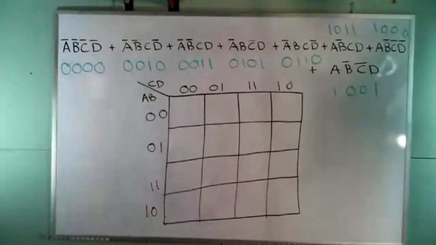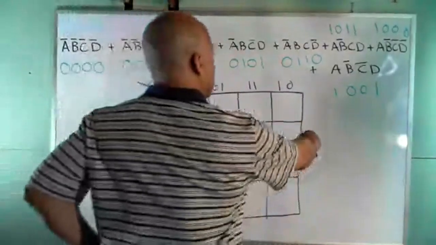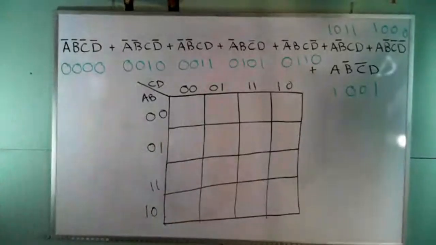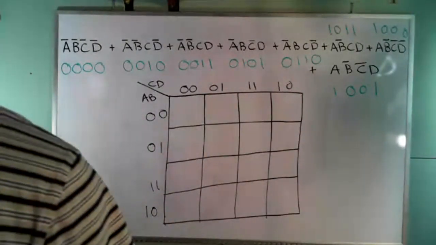You have decimal number 11 up there. 1011. You can't have 11 with two numbers, or with one number. I have 1011.